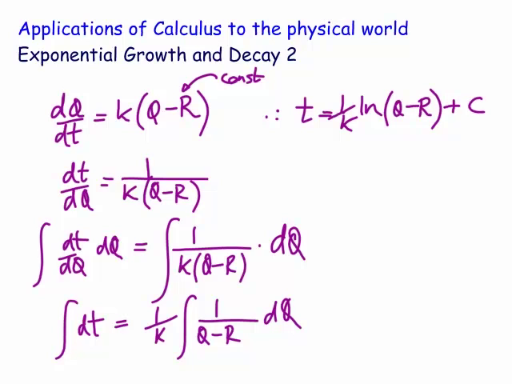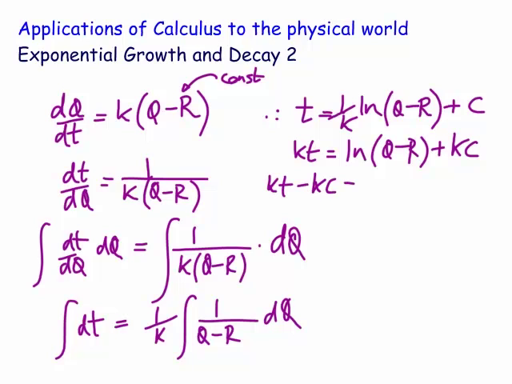Then we multiply everything by k, and we get kt equals k ln(q minus r) plus kc. Put the kc on the other side, and we get kt minus kc equals ln(q minus r).